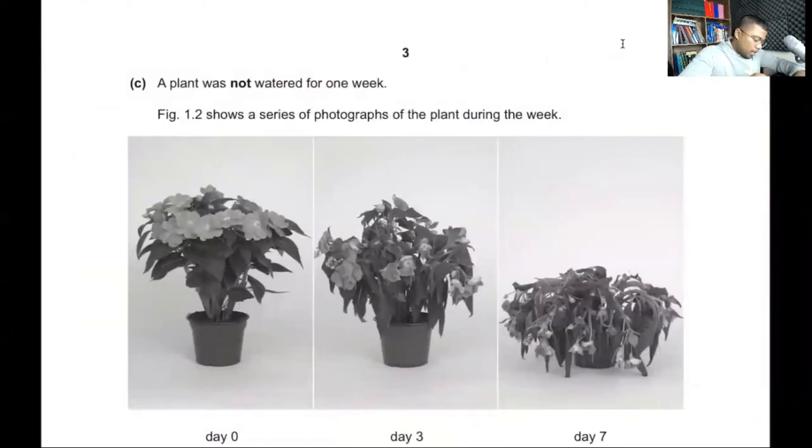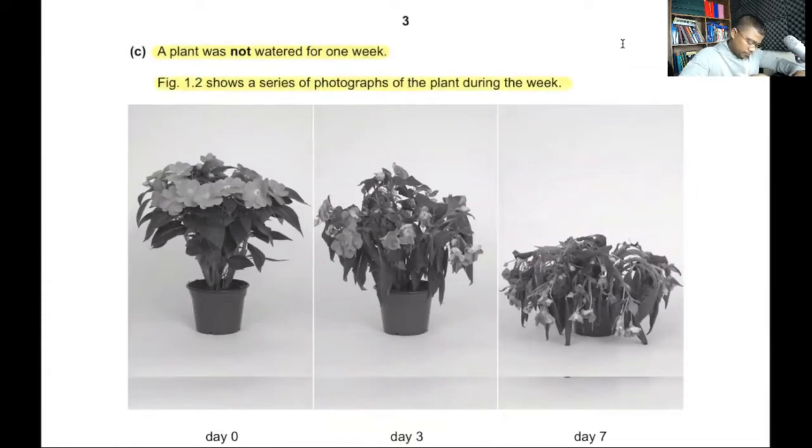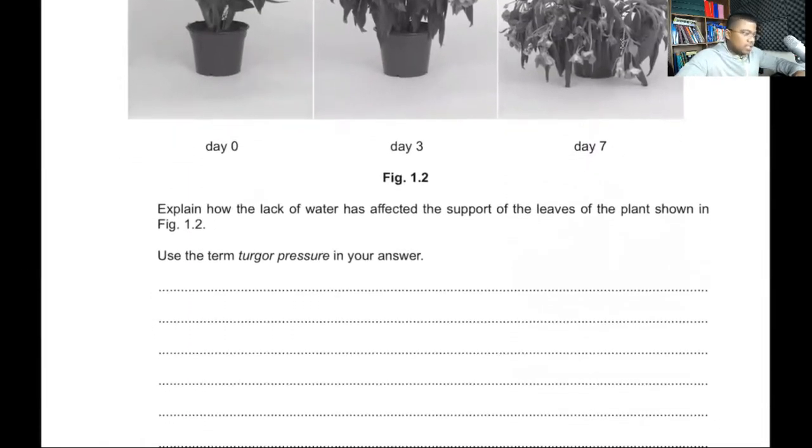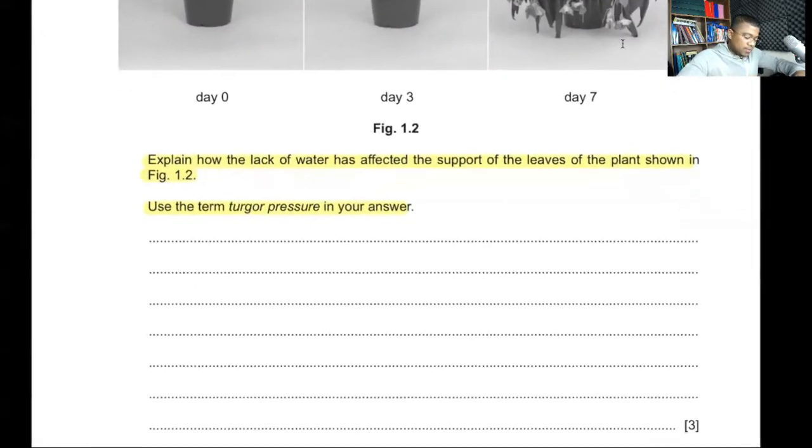Question number C. A plant was not watered for 1 week. Figure 1.2 shows a series of photographs of the plant during the week. Day 0, day 3, and day 7, we can see the plant has wilted. Explain how the lack of water has affected the support of the leaves of the plant shown in figure 1.2. Use the term turgor pressure in your answer.